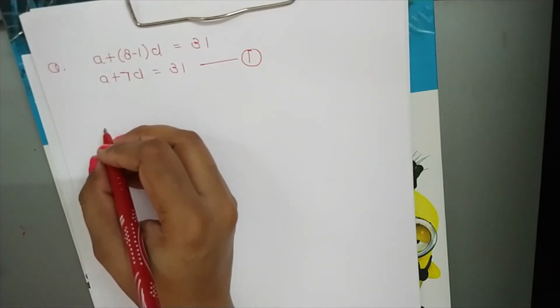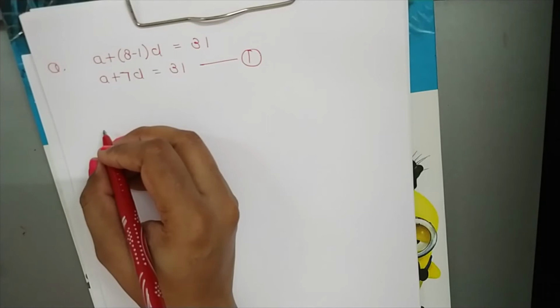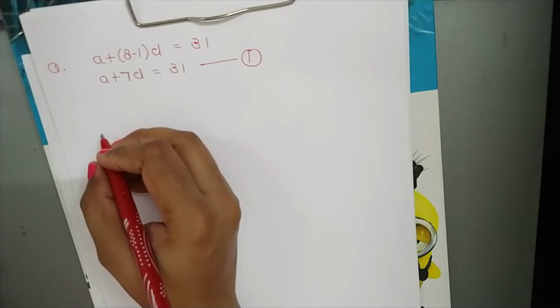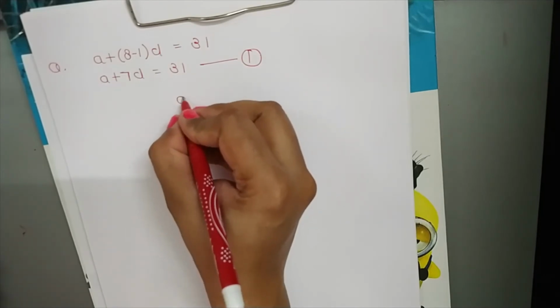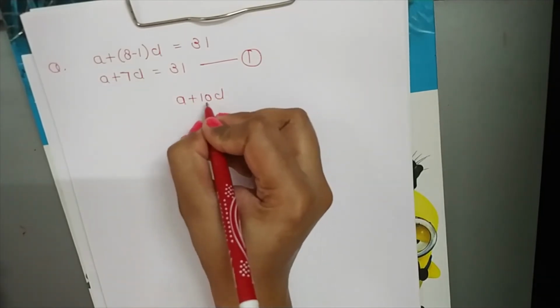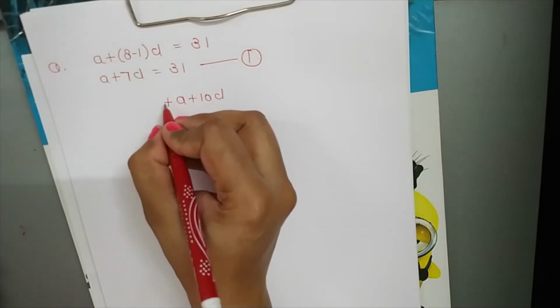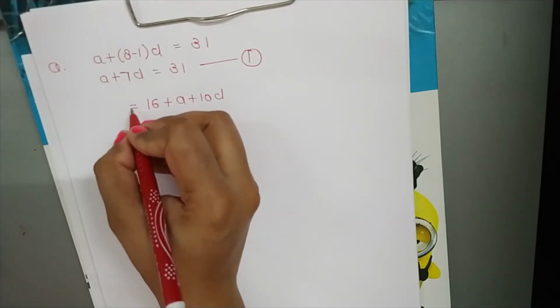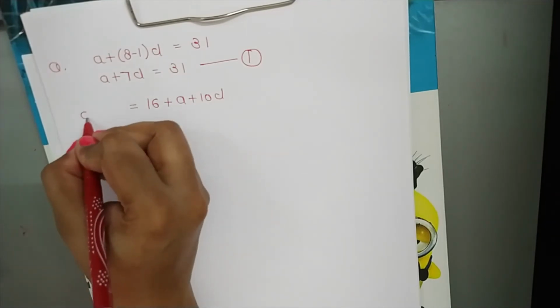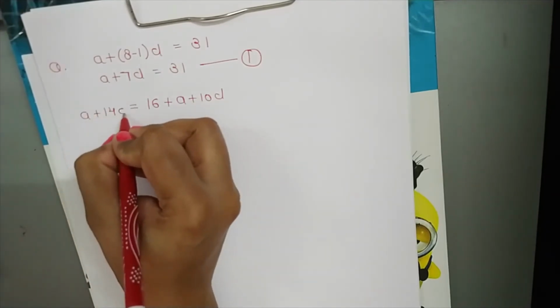Now the 15th term is 16 more than the 11th term. So what will be the 11th term? a plus 10d, and 16 more means we have to add 16, which is equal to the 15th term, that is a plus 14d.